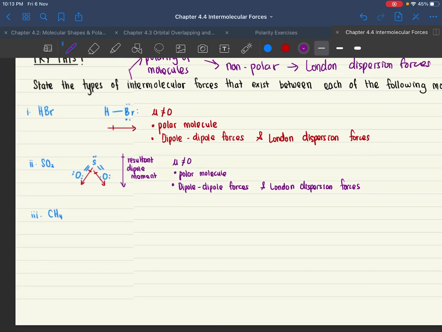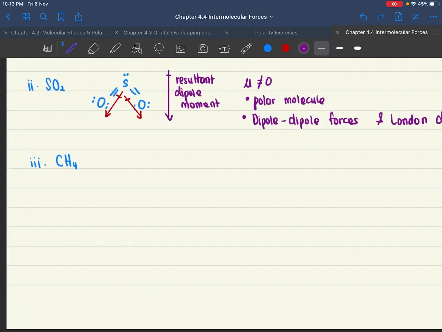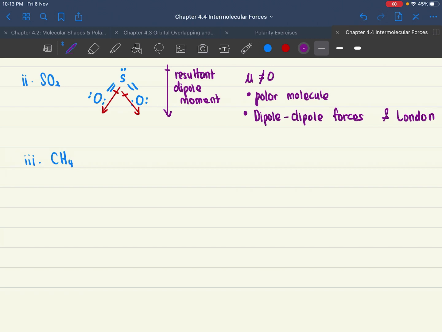Right. And then next one, kita nak tengok CH4 pula. The shape of CH4 looks like this. Next kita nak determine CH4 is polar or non-polar. Bonding between C and H, C is more electronegative. Another shortcut adalah CH4 is a tetrahedral shape, and all the terminal atoms are the same.